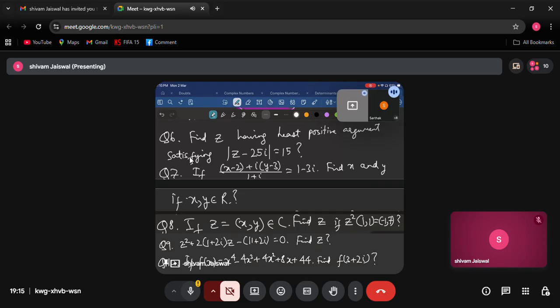Okay, should I start with 6, everyone? So please wait. Okay. Again, identify the locus. If you don't do it geometrically, it will be very difficult.